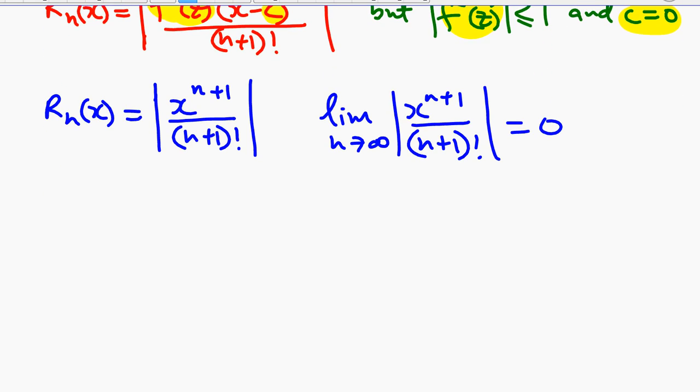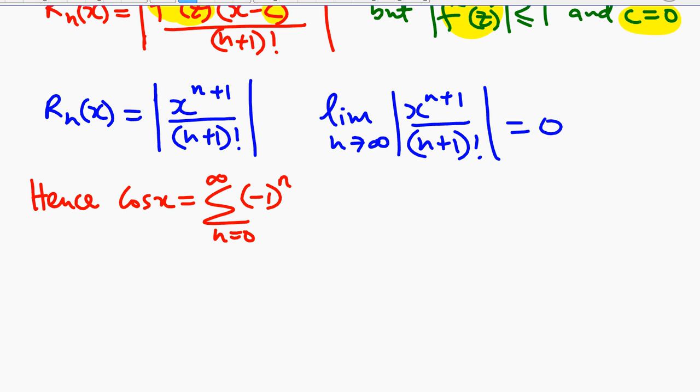Hence cos x will be equal to the sum from n equals 0 to infinity of -1 to the power n x to the power 2n over 2n factorial for all values of x.